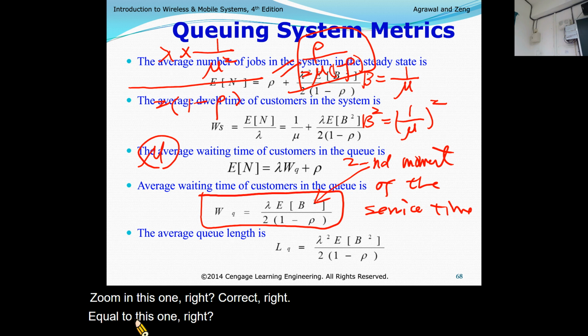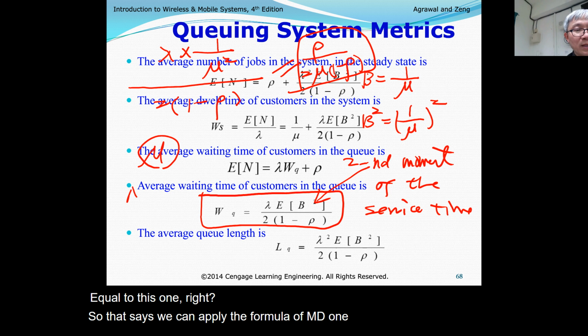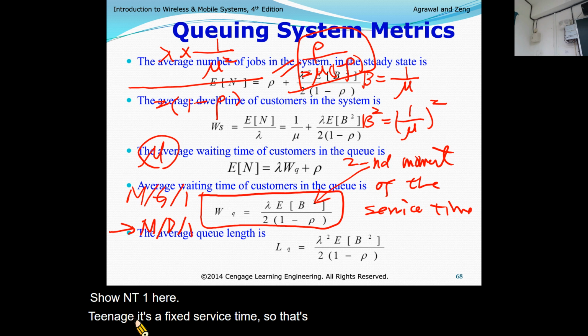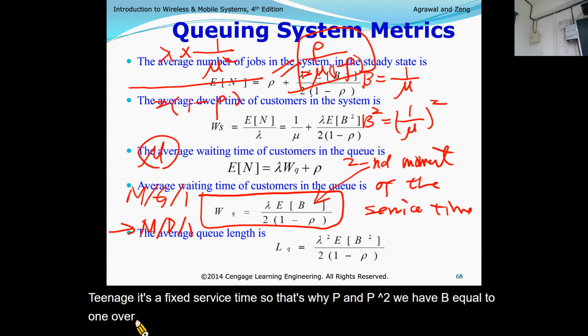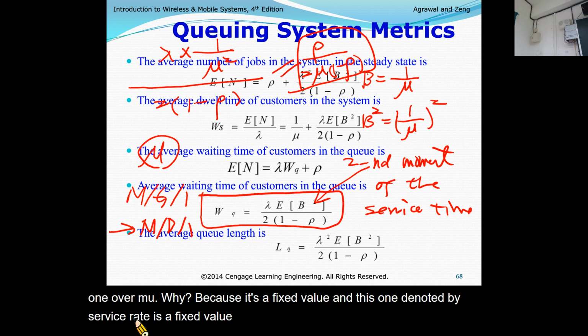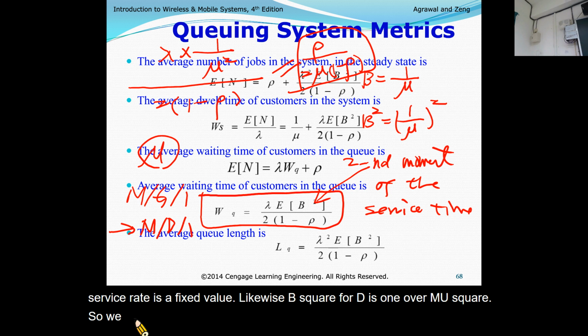So that says we can apply the formula of M/G/1 to M/D/1 here. D means it's a fixed service time, so that's why we have B and B squared. We have B equal to 1 over mu. Why? Because it's a fixed value. And this one, denoted by service rate, is a fixed value. Likewise, B squared for D is 1 over mu squared. So we have the result for M/D/1.